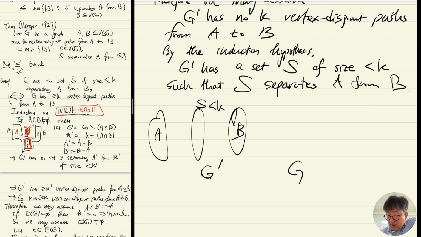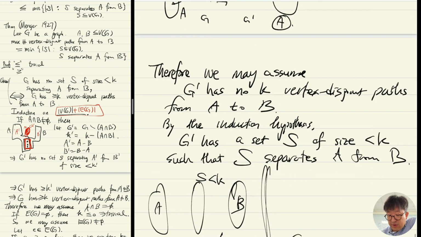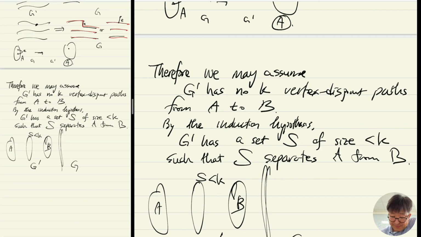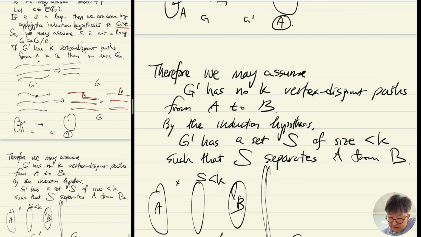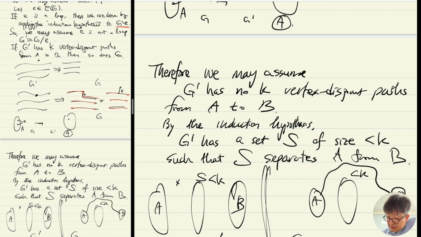But in G, you don't have such a set. So where is this vertex obtained from by contracting E? If that vertex is outside of S, then this S is still a separator separating A from B, because if I have a path not using this thing, this doesn't separate A from B, you must have a path.